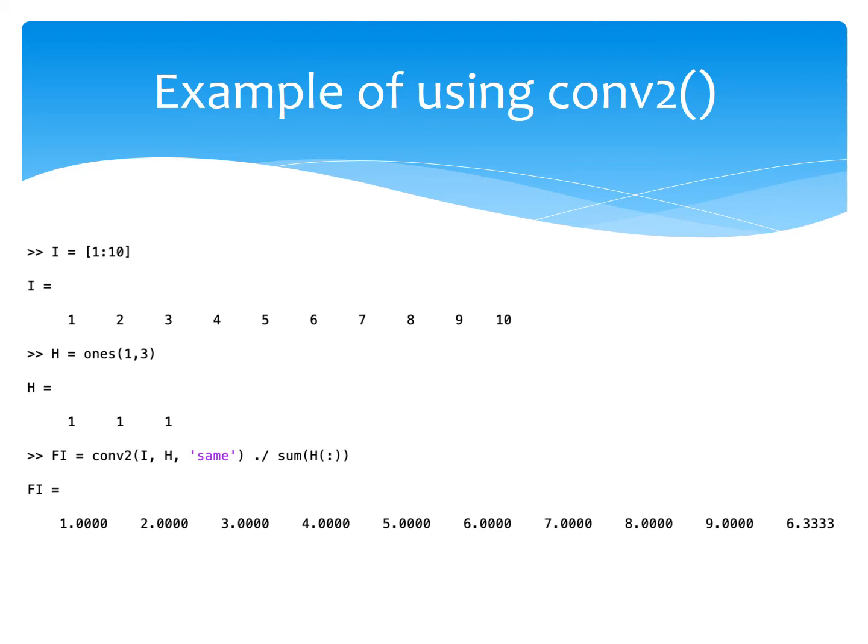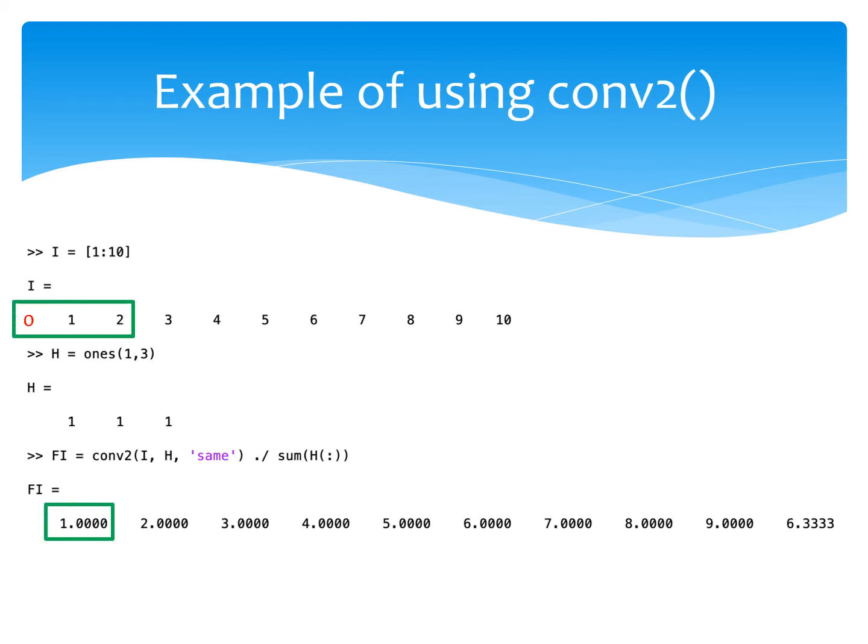As you can see, when we apply the center of filter H on the first element, 1, in I, there is no value on the left. Based on zero padding, we need to add a 0.